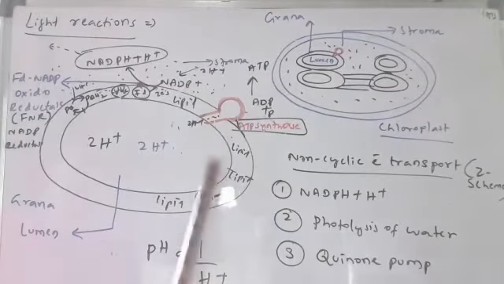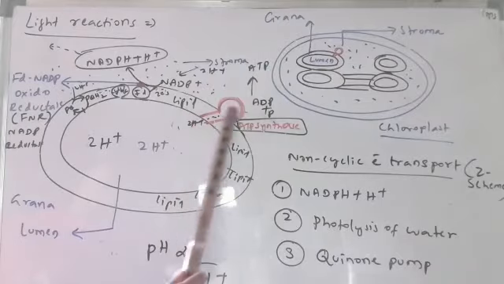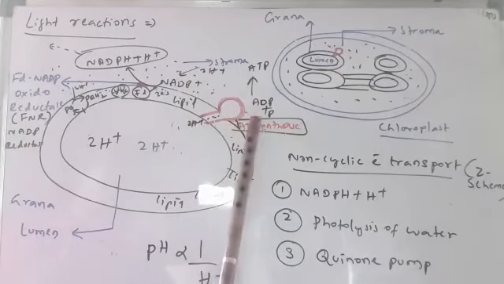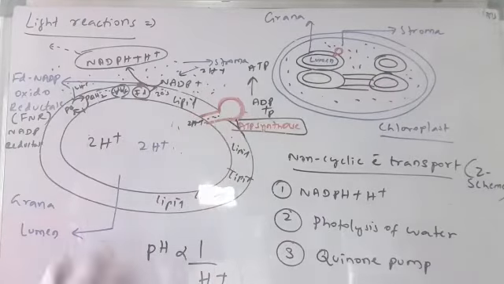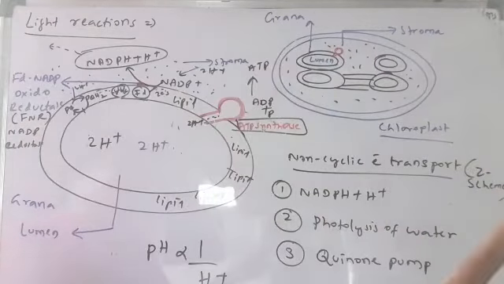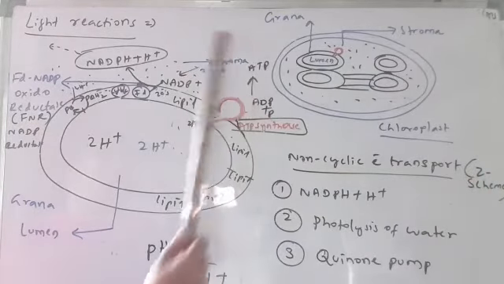The relation between proton movement and ATP formation is this: when protons cross the ATP synthase, a force is created. Because of that force, the head portion rotates, and there is a force combining ADP with a phosphate to form ATP.